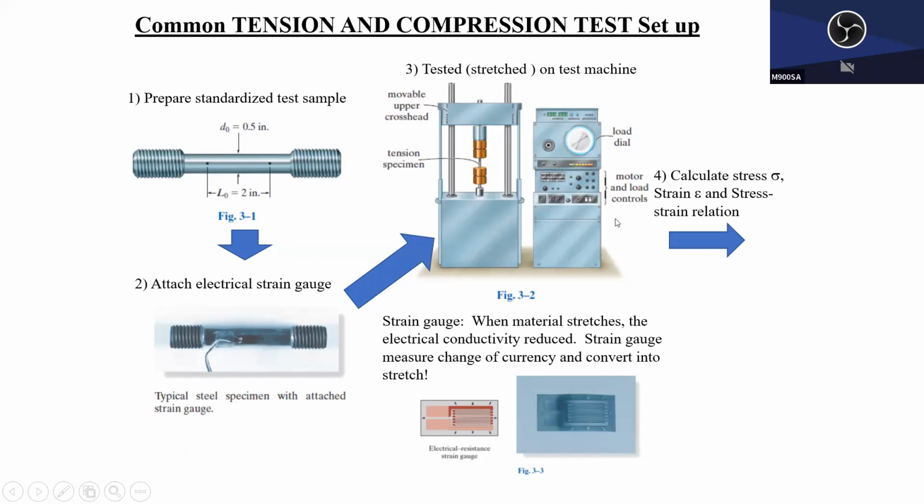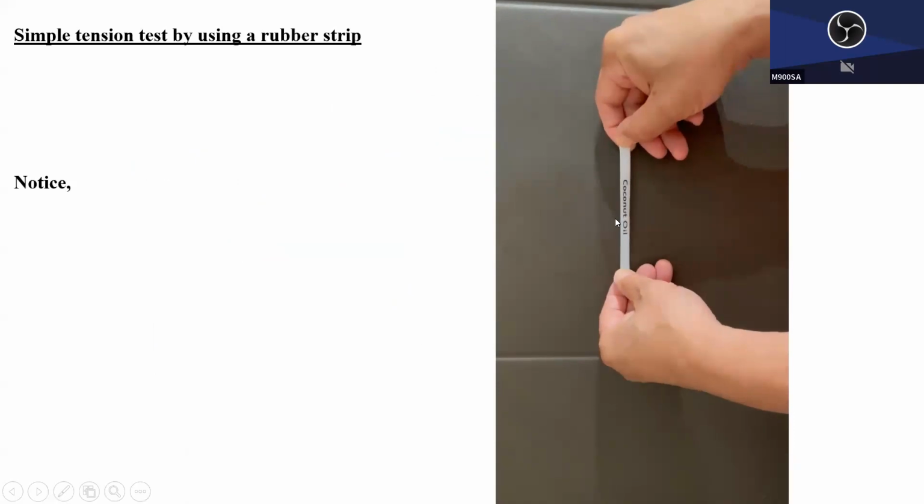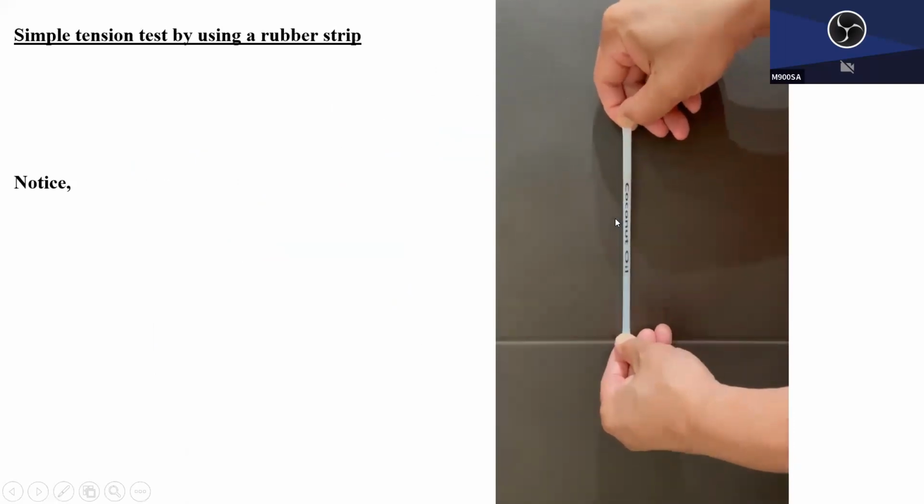Put it in here and apply force; this will measure how much force is applied. The strain has to be measured too. Usually we glue a strain gauge onto the center, then we can measure the strain. Then with those two, oh, here you go. I created a video yesterday, right?